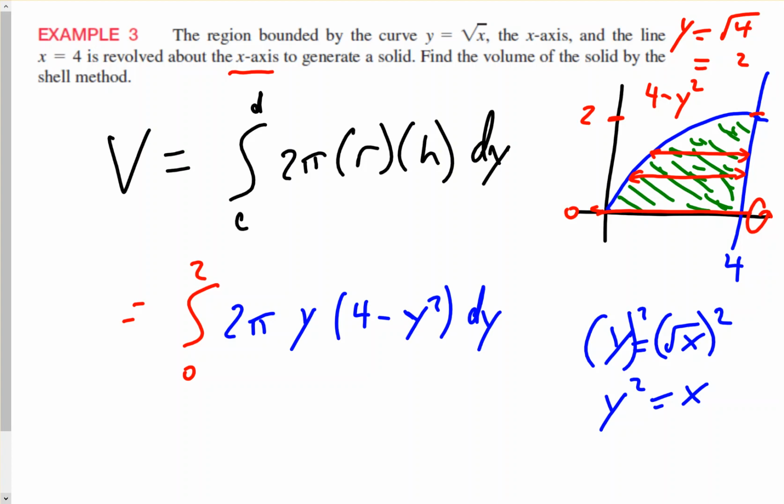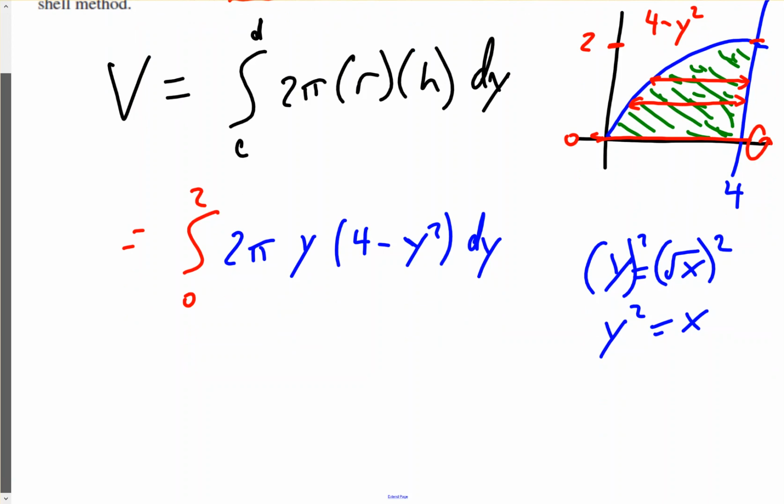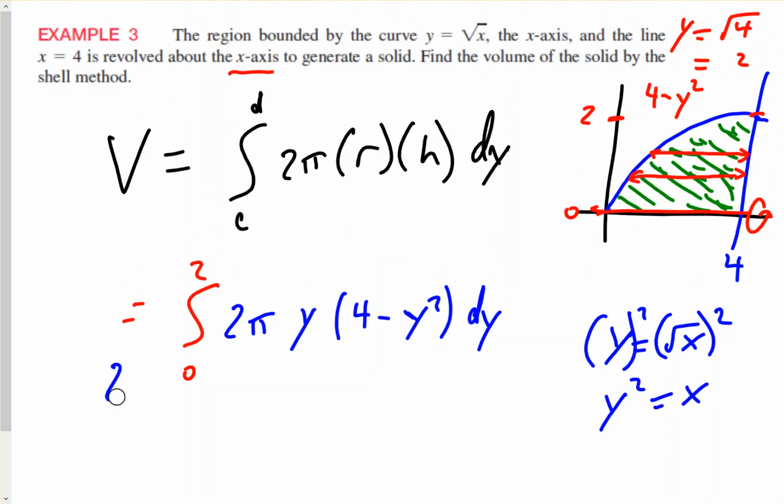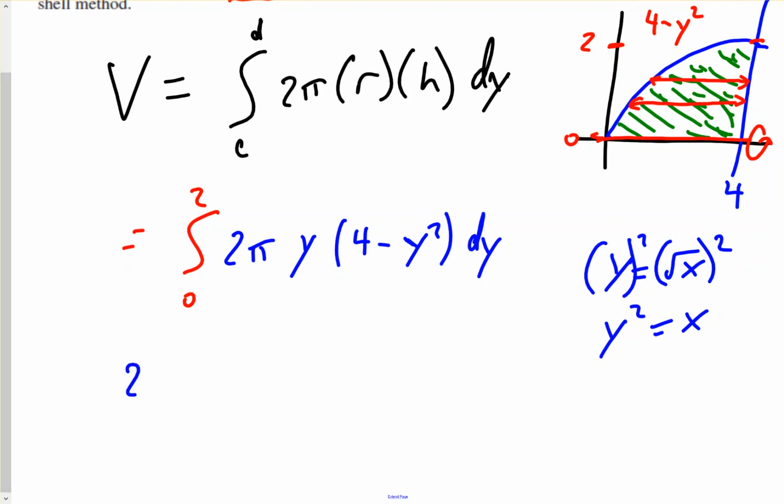Okay, so we could pull out the 2 pi. You could distribute the y. So we have 4y minus y cubed.